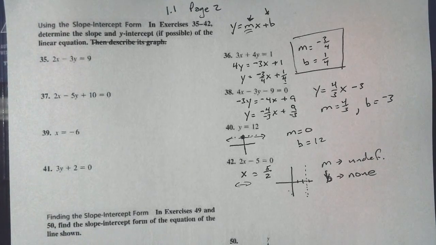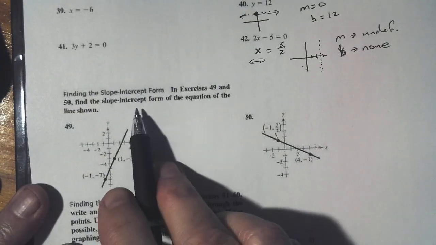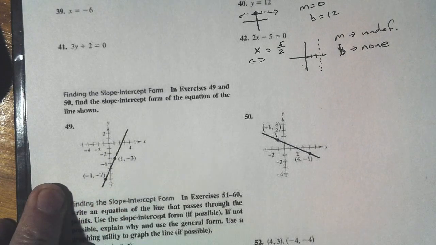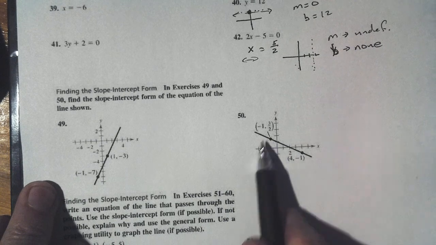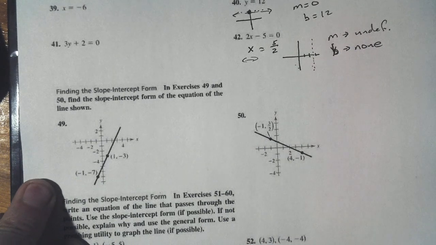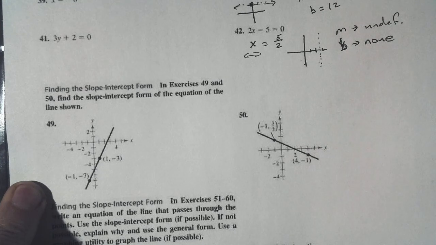All right, here we go. Find the slope-intercept form of the equation of the line. We have 2 points, and it sure looks like the y-intercept is 1 here, but can we be absolutely positive of that?